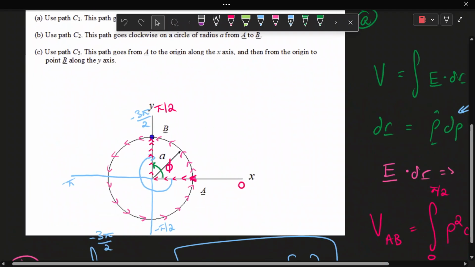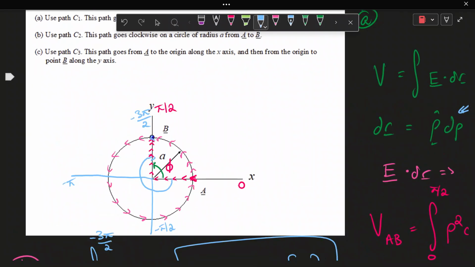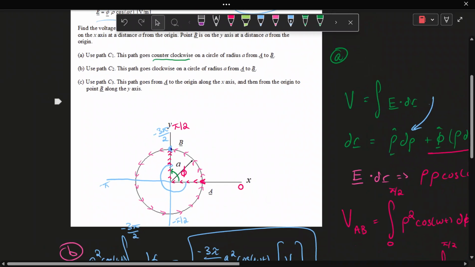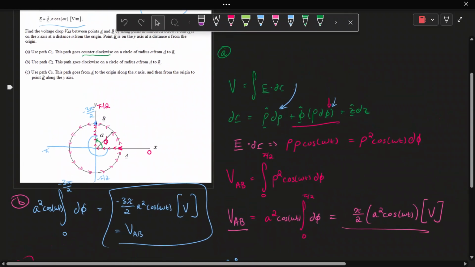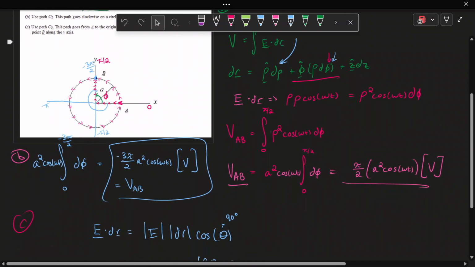So because the path we chose and the electric field vector that we're given are perpendicular, the voltage drop between the 2 points has to be 0.